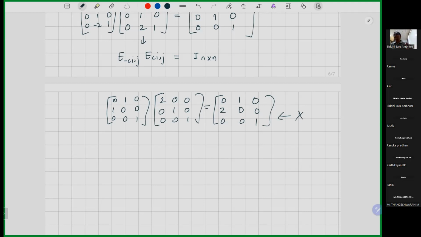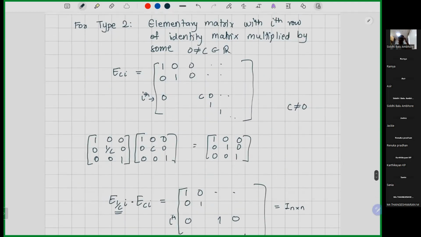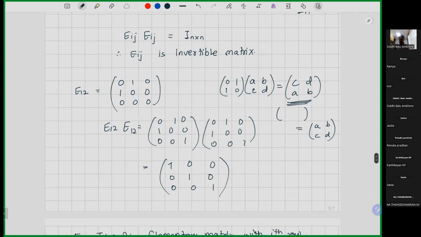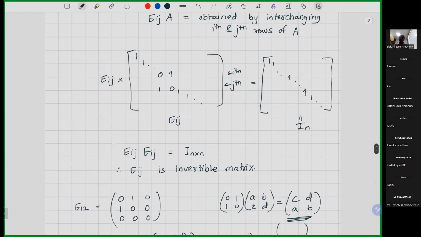Meanwhile, what Ramya said, that the inverse of an elementary matrix is an elementary matrix, is true, because we just saw by these examples that inverses of elementary matrices will be of exactly this kind. For E_i,j, it will be the same matrix.